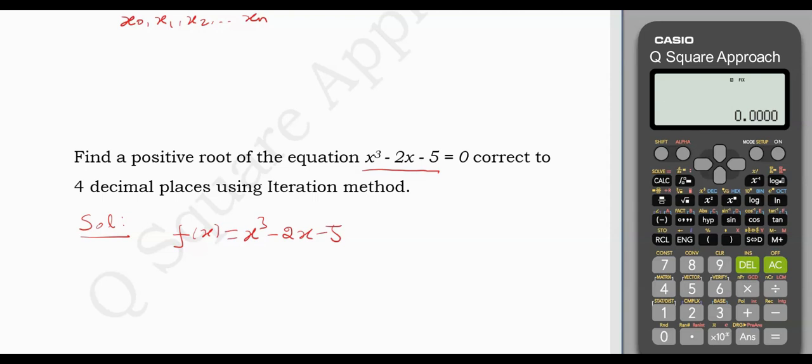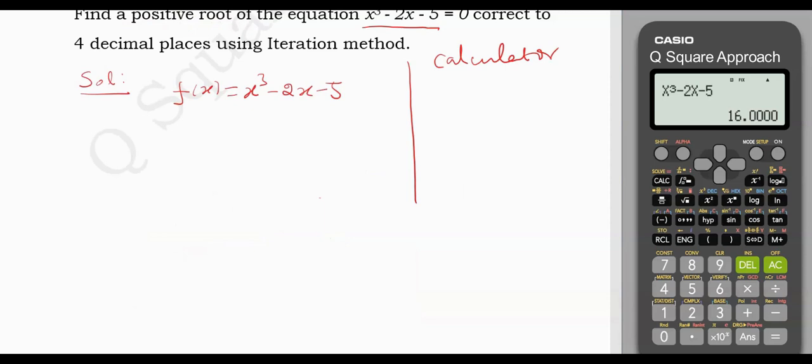In the calculator, we have to type this function f of x. Type like this: x cube minus 2x minus 5.